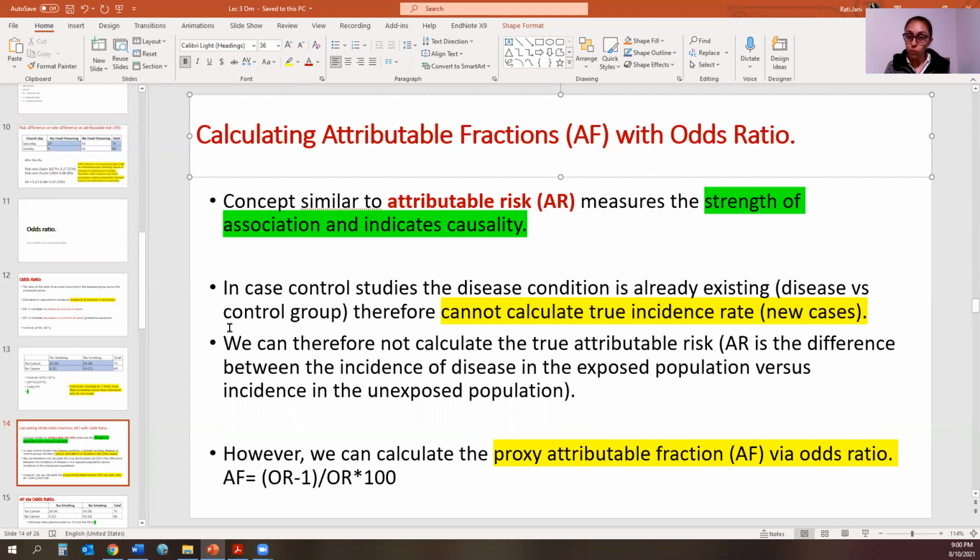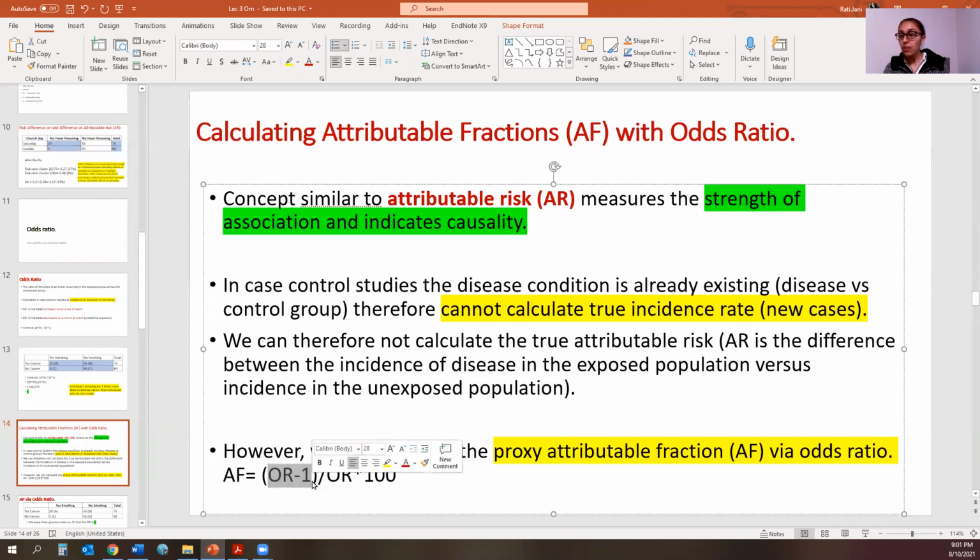Over here the formula again has differences. The formula for attributable fractions is a bit trickier as compared to just calculating the odds ratios.